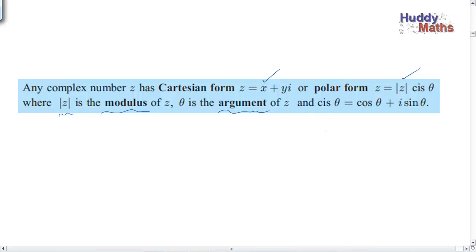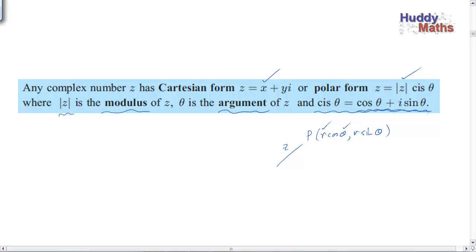So that's the angle that it makes. And it is that sort of little rule, because we know the point P at the end of z here is r cos theta, r sine theta, using the polar coordinates r and theta. Okay, and then we are going to abbreviate cos theta plus i sine theta as cis theta.